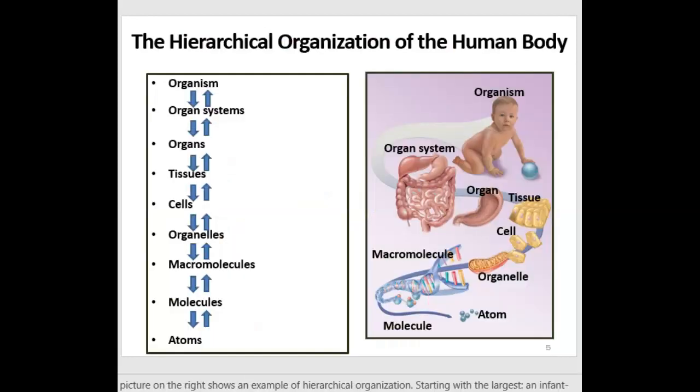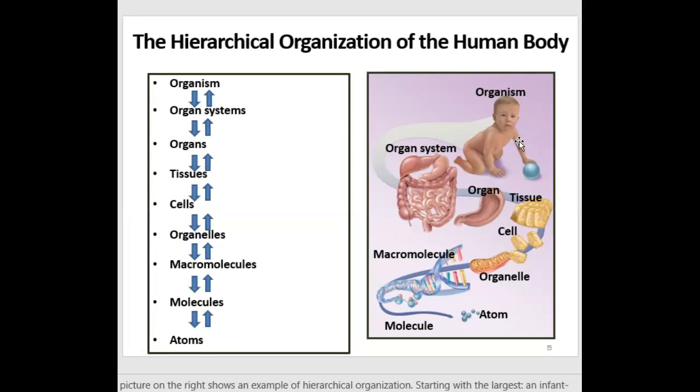So we're going to look at the human body in a hierarchical sort of scheme, which starts with the whole organism. So we have a picture here of a baby, if you will, and the baby is the organism, of course, and the baby is made up of several different organ systems.